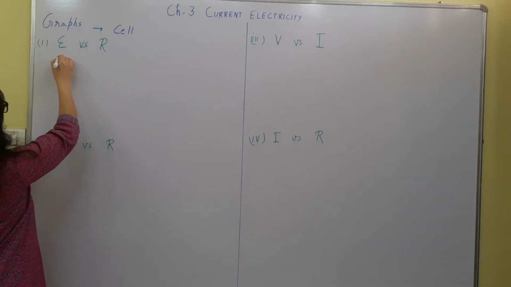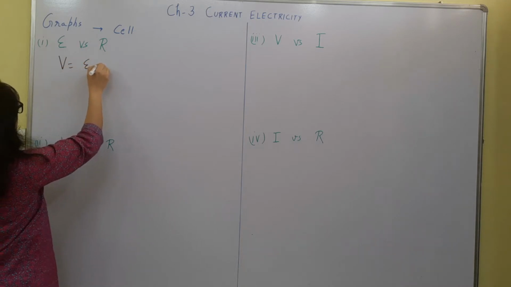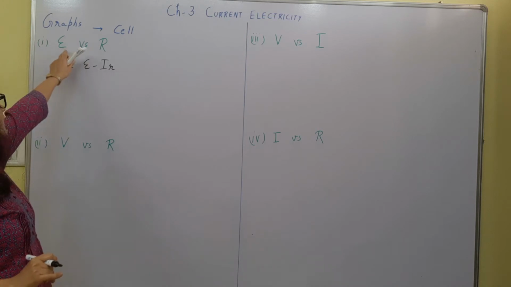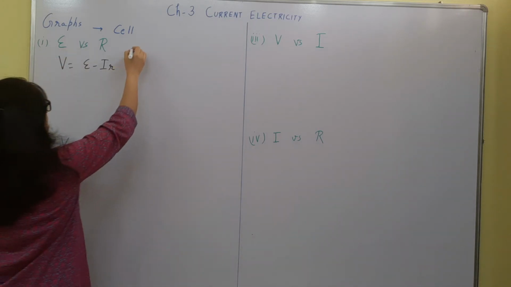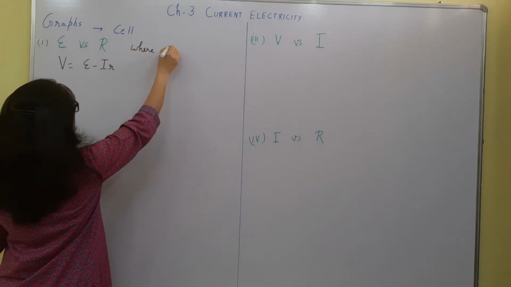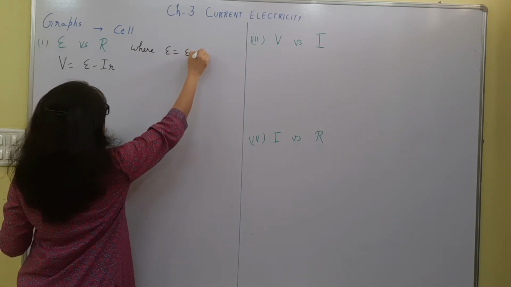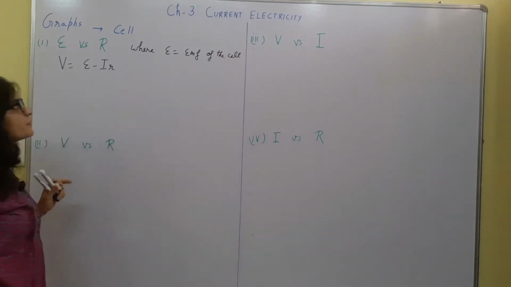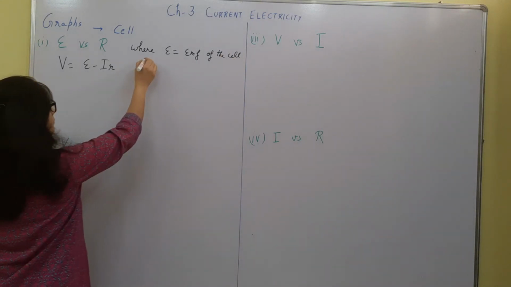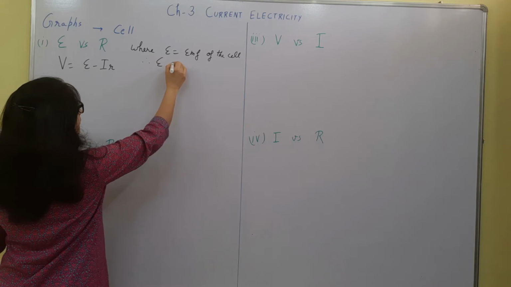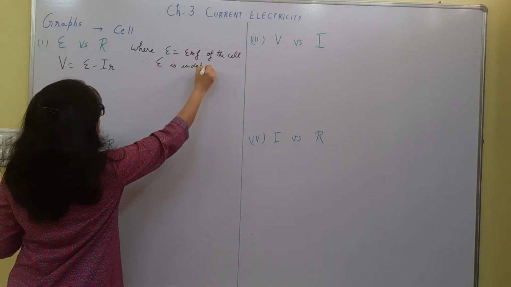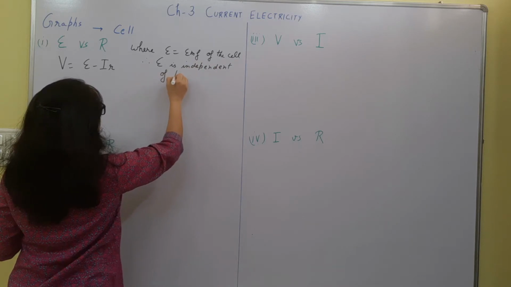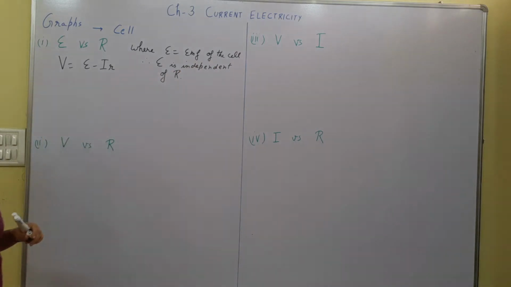We know that V is equal to E minus IR. But E is the EMF of the cell. So this is independent of R. R is the resistance.